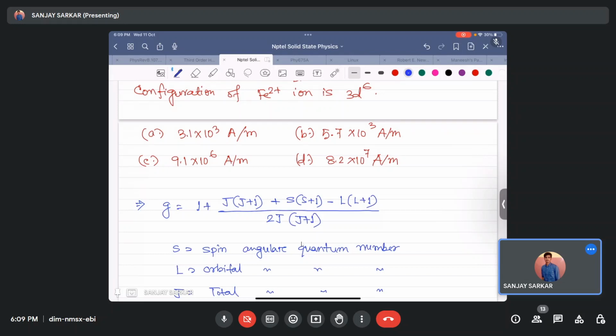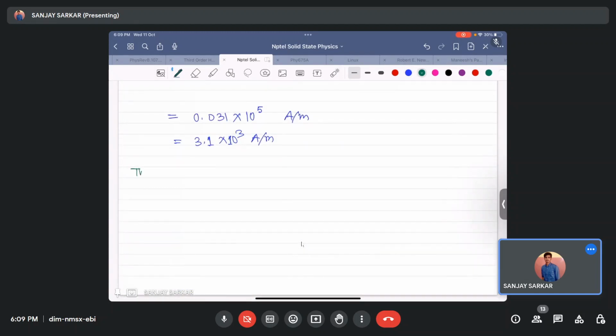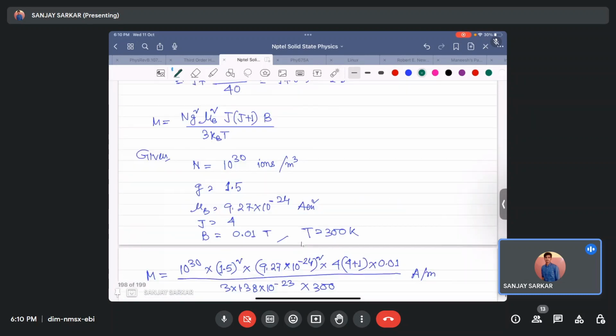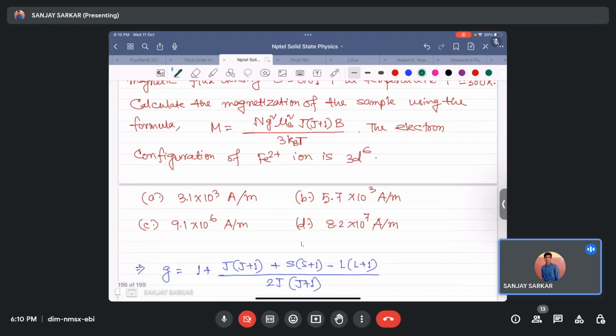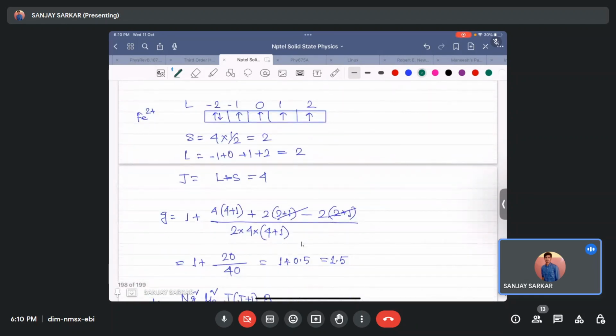Is it clear? So what we did is we already know the formula which is given in the question. We first calculated g, which is the Lande g-factor.